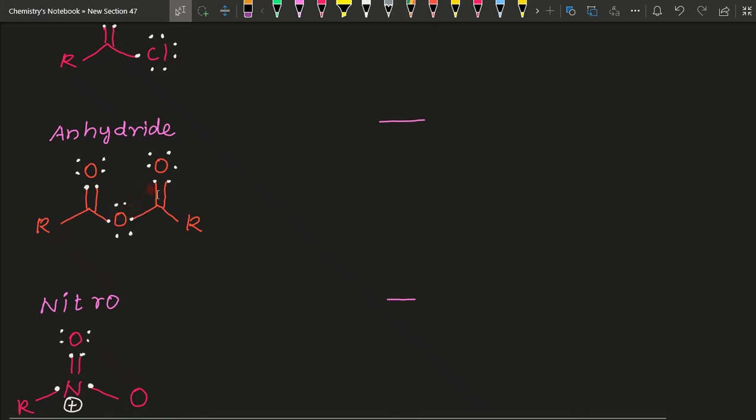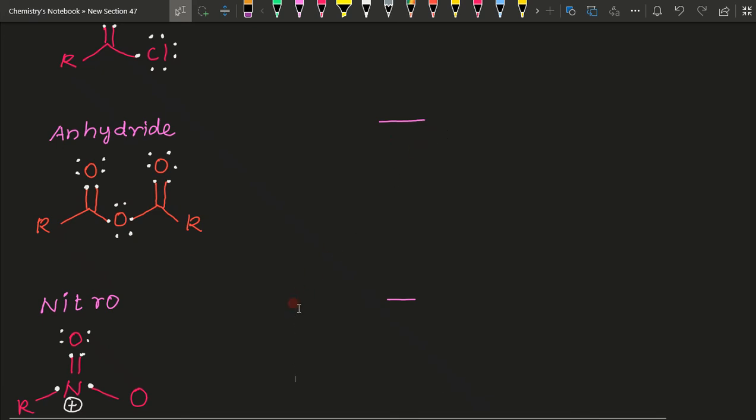See, this oxygen has two lone pair electrons, and this oxygen has two lone pair electrons, and it makes a double bond. This oxygen, this is one bond, this is one bond. There is no substituent name for this.